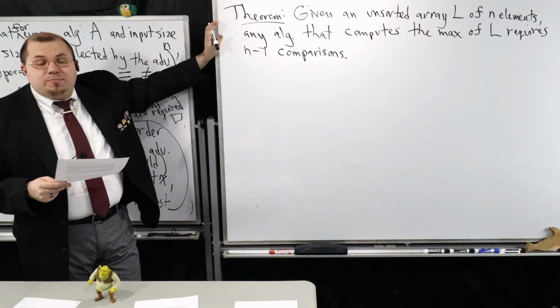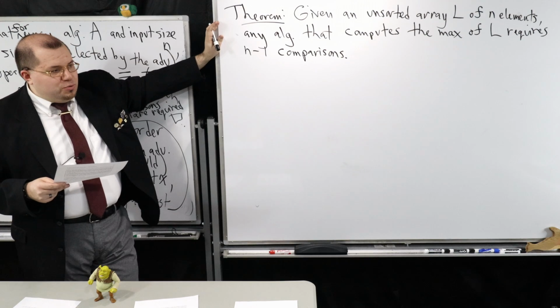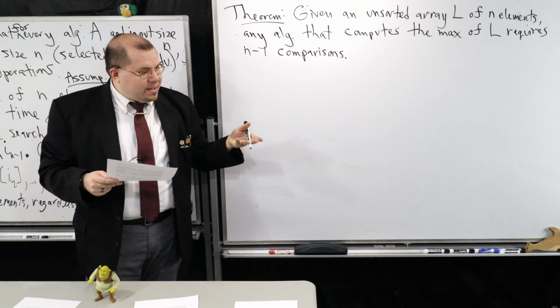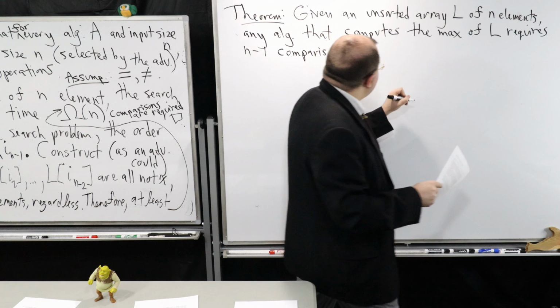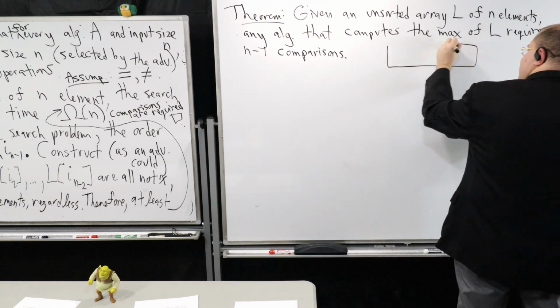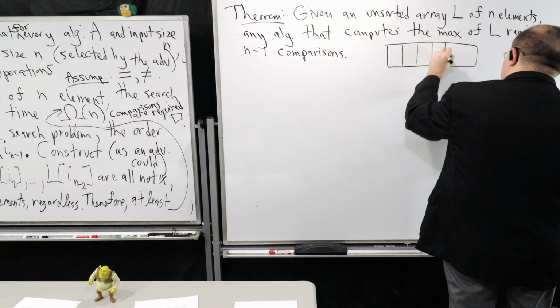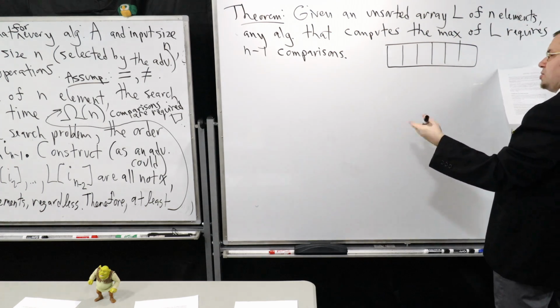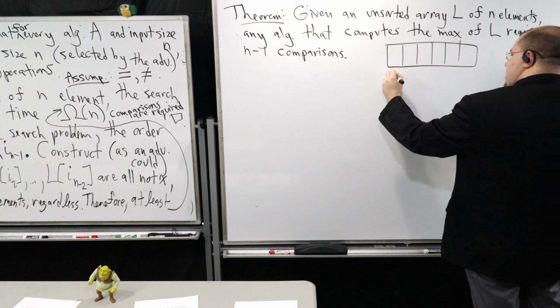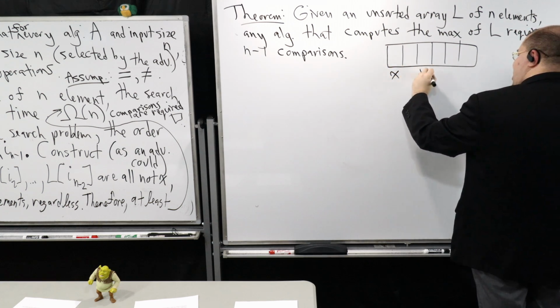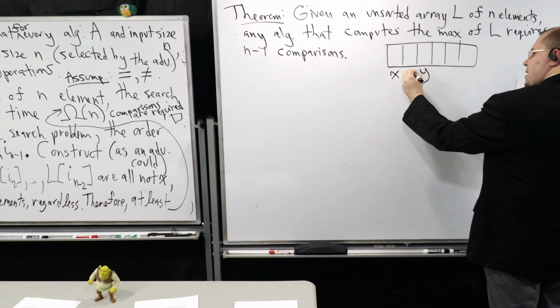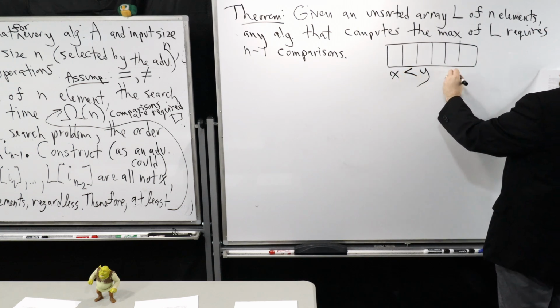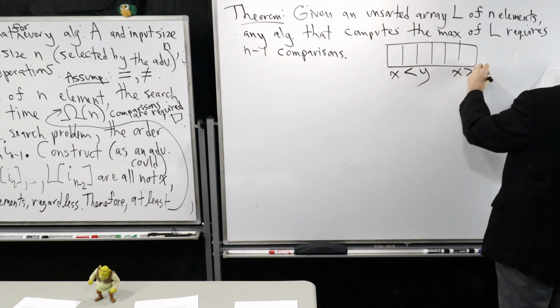Well, it's actually based on the idea that you look at each one of your elements in the array. So you imagine you give you an array, and you compare 2 elements. Suppose I give you one that's x and another that's y, for example. I would like to know if x is less than y or x is greater than y.